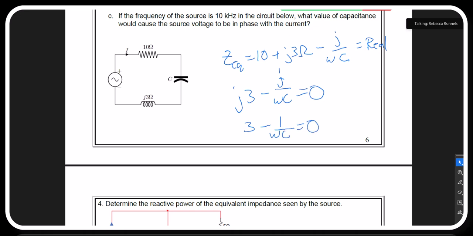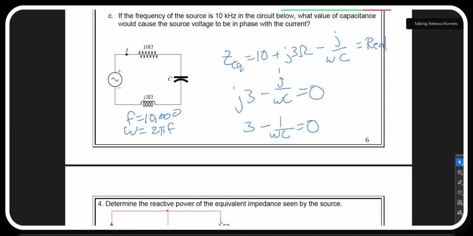Omega is 20,000 pi, because the frequency is 10 kilohertz times 2 pi. So angular frequency is 2 pi times the frequency.